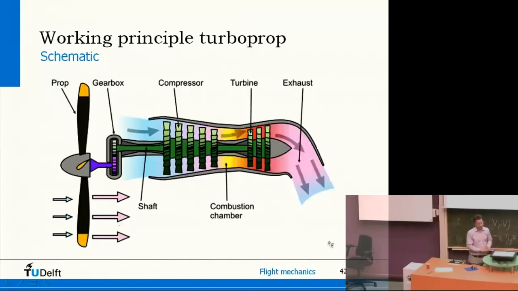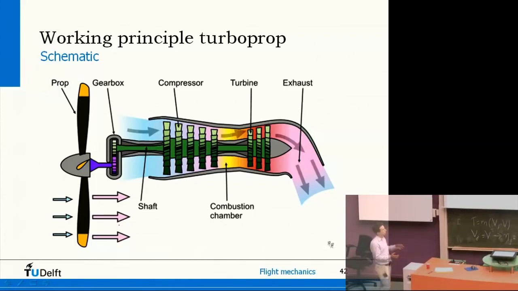This is what is called a turboprop, and a turboprop is the type of propeller you see on most civil aviation aircraft. If you look on the right hand side, actually the whole engine part is the same as the jet engine. There's only one difference: the turbine in the back is used to drive the compressor. So you have this high pressure gas in the combustion chamber which tries to expand.